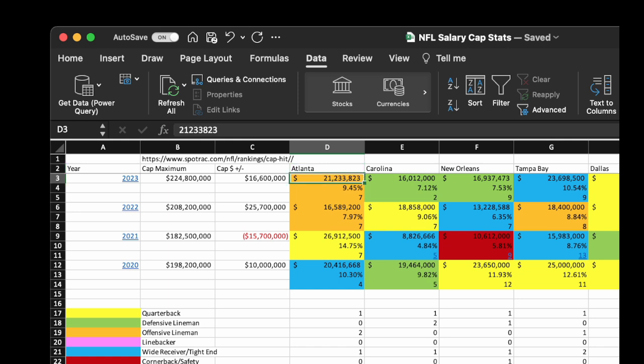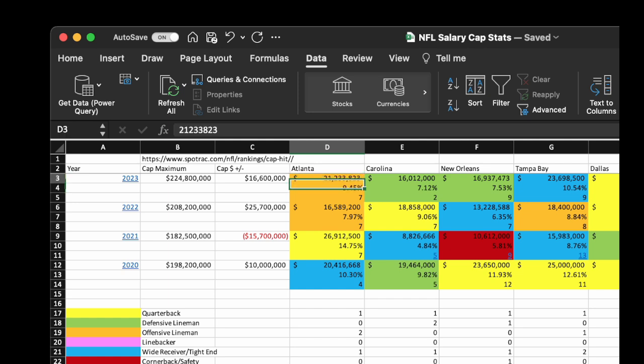The teams are in the columns, and each year has 3 rows. The top row is the salary cap number in US dollars that the highest paid player made that year. The second row is what percentage of the cap that highest salary consisted of.